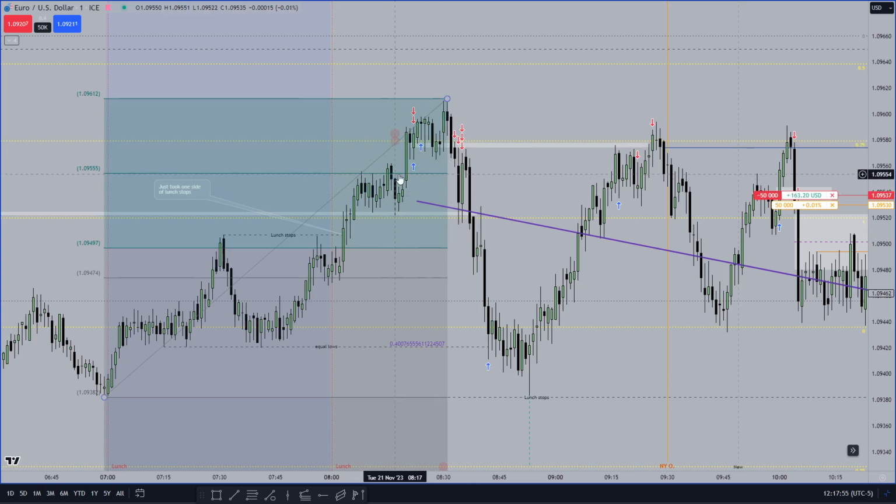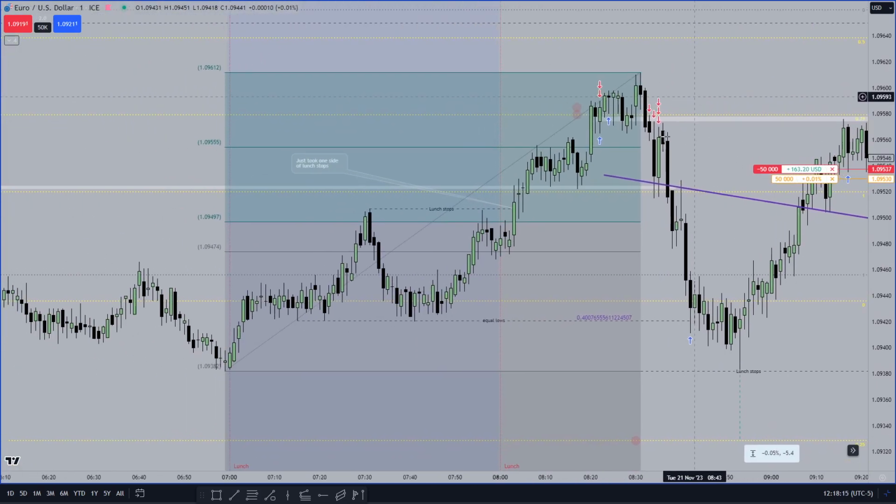So then what we have is that we go higher, we break this level with the bodies, and then we consolidate above here. I was trying to enter, thinking this could be a Mohawk of this level, but it wasn't.